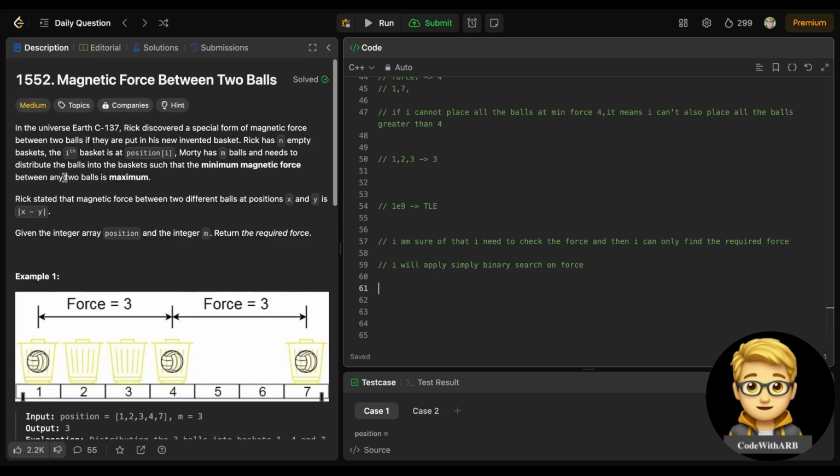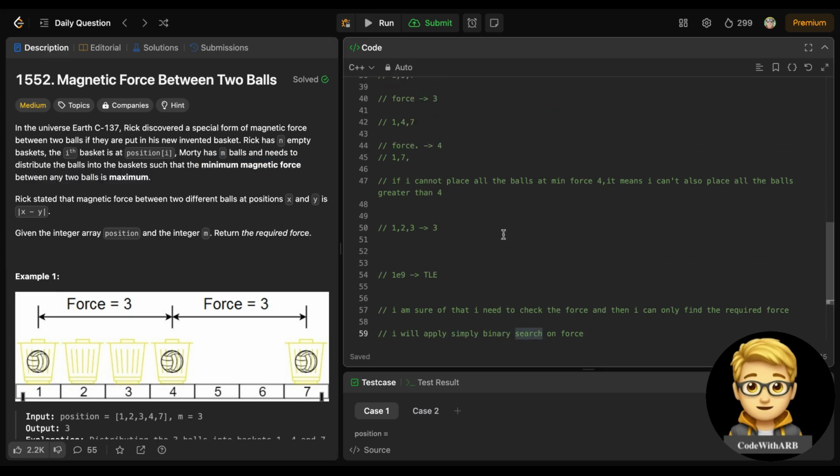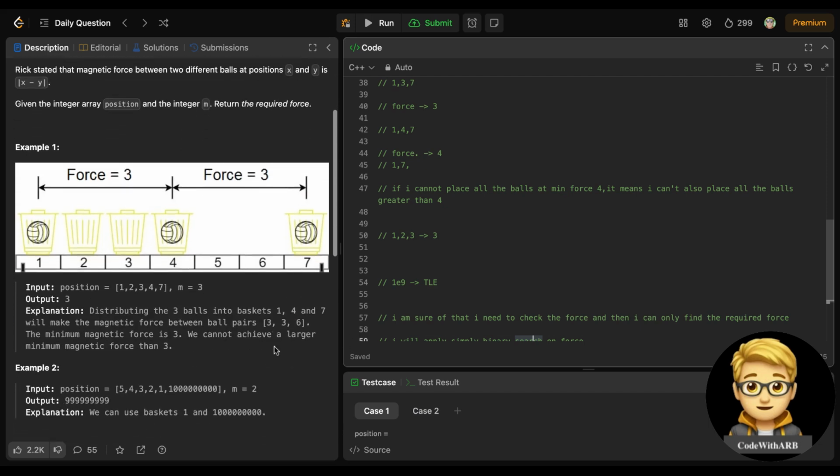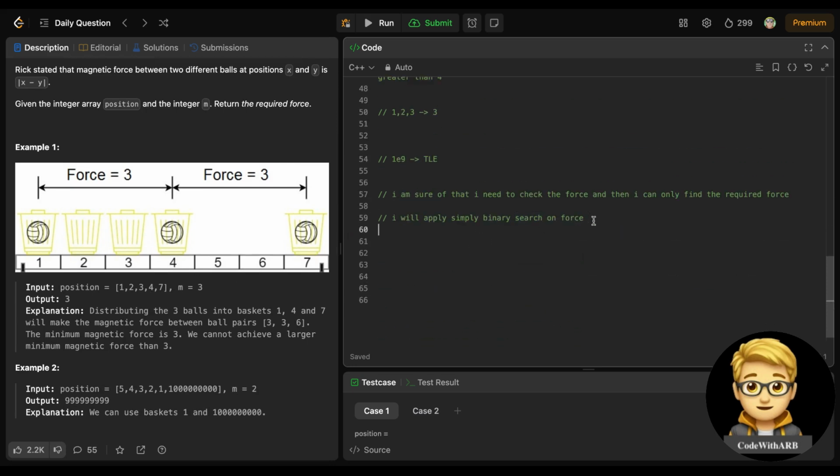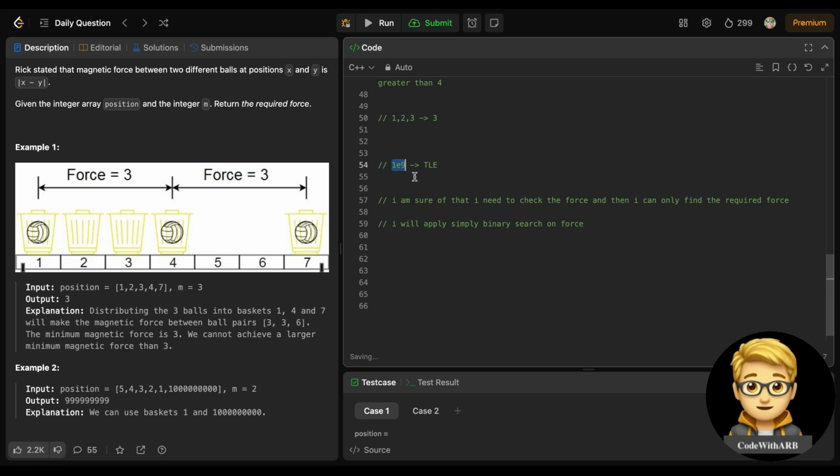When the problem says the minimum magnetic force between any two balls is maximum, this type of problem mostly requires binary search, right? If you see this type of problem, you must think of binary search. If you need to apply some forces and the range is too long, you must apply binary search, because binary search takes log of time. You don't need to iterate over 10^9.